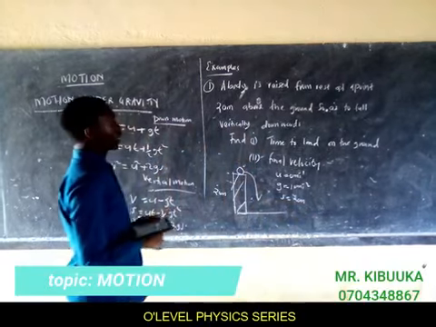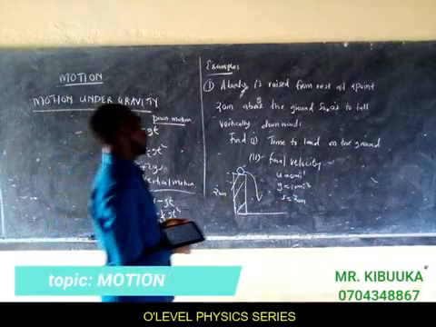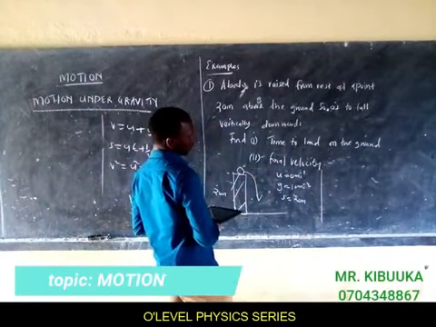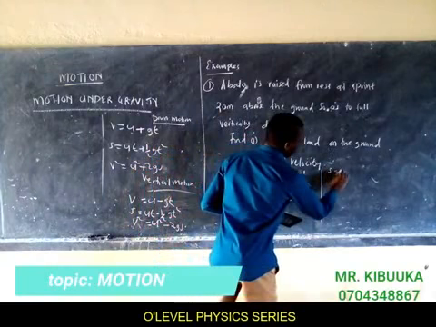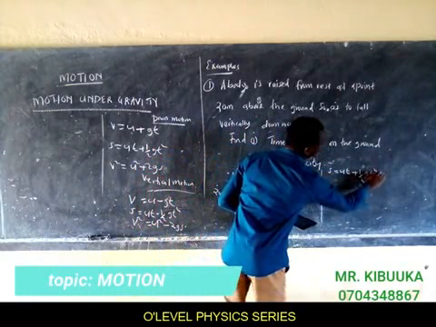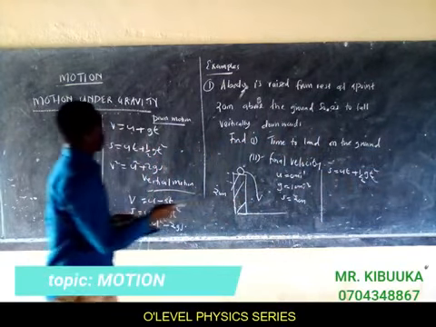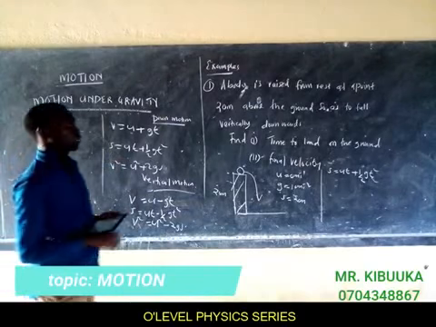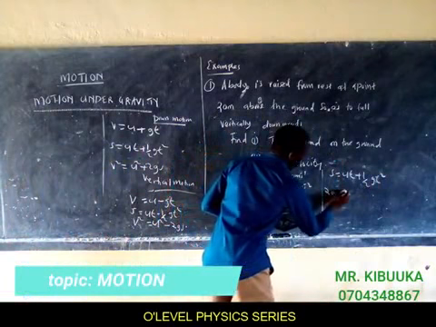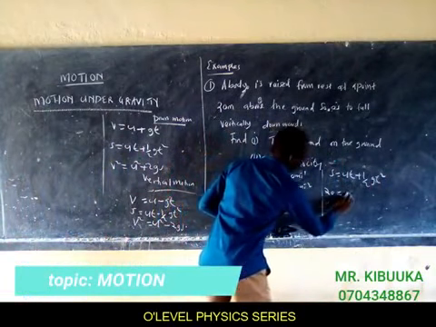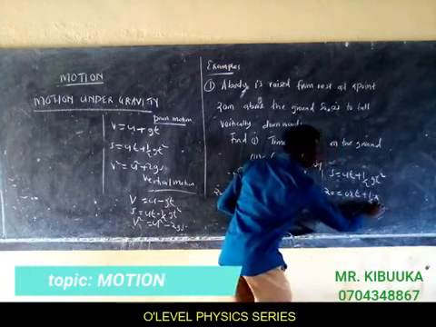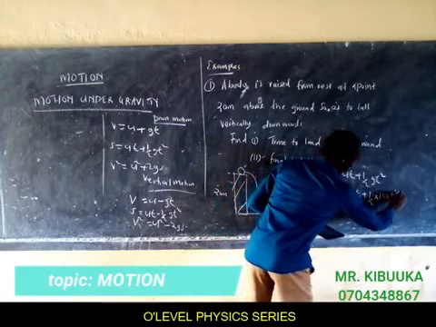Then they say find the time taken to land on the ground. I would use S equals UT plus a half GT squared, because it is downward motion. So S is 20, equals U is 0, times the unknown time, plus a half, our G is 10, times T squared.